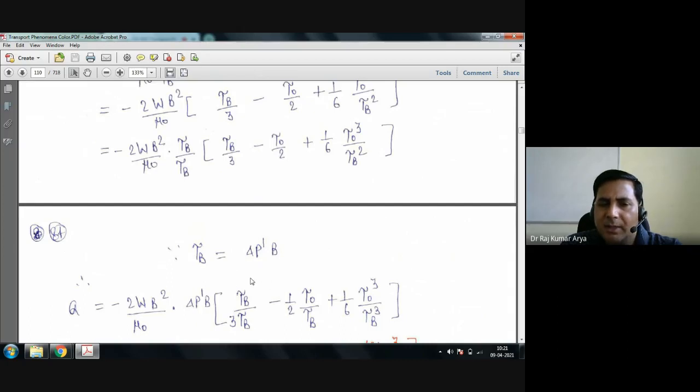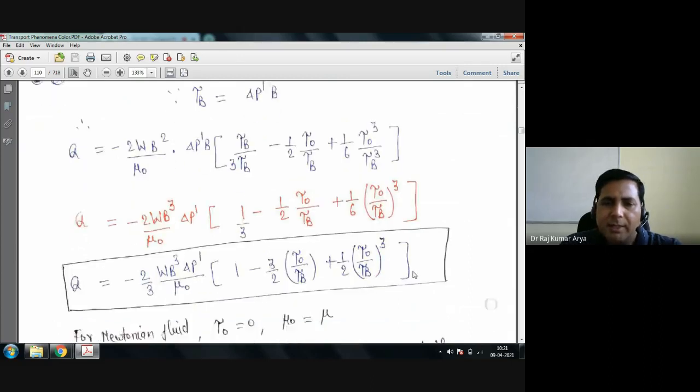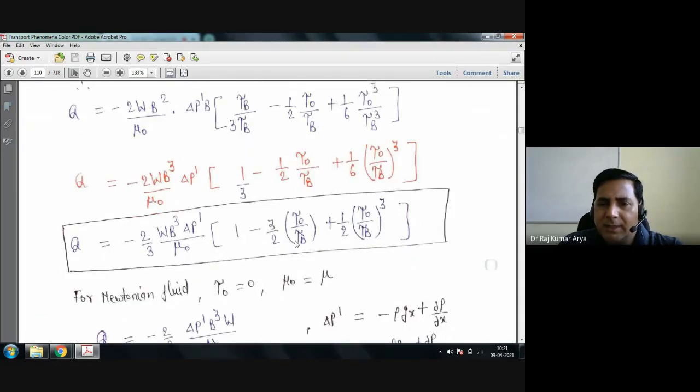If you write that, the expression of flow rate comes as minus 2 b cube w upon mu naught delta p dash, times 1 by 3 minus 1 by 2 tau naught upon tau b plus 1 by 6 tau naught upon tau b cube. This is the expression you have. You can change tau b also in terms of delta p dash b, then it will become in terms of measurable quantity. But this is also a standard form that people want to show. So this is the expression for your volumetric flow rate.